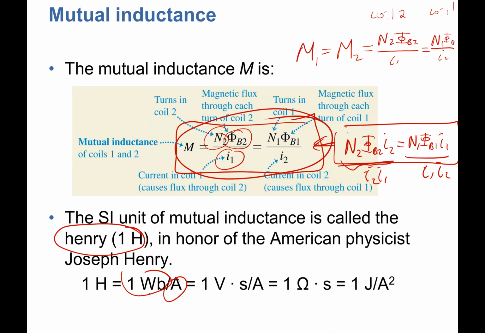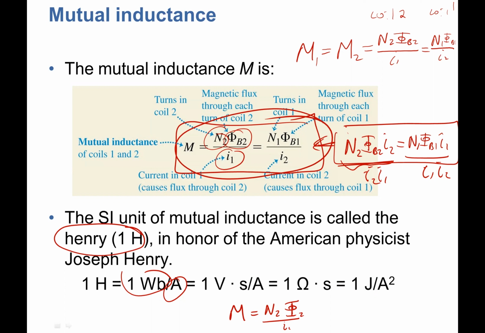So remember, mutual inductance is equal to N2 times flux 2, divided by current 1.